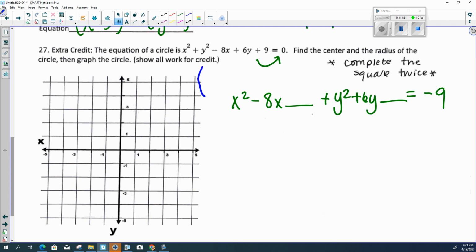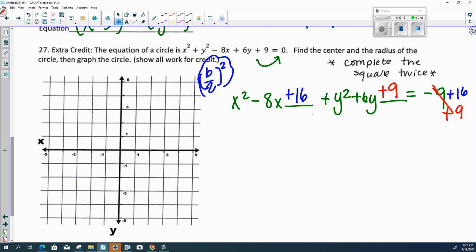So my thought bubble, I'm doing b over 2 squared. What's half of negative 8? It's negative 4. What's negative 4 squared? 16. I can't just randomly add 16 to one side. I have to keep the equation balanced. What's half of 6? 3. What's 3 squared? 9. I can't randomly add 9. I have to add it to both sides.